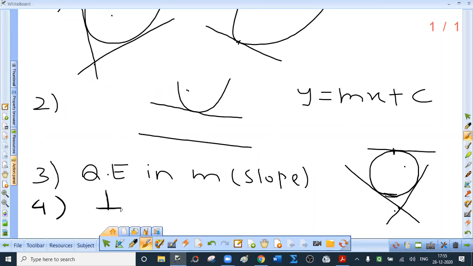Now we have already obtained the quadratic equation in m. The roots m1, m2 of this quadratic equation are what? Slopes of the two tangents. Now if tangents are perpendicular, m1 m2 has to be -1. But m1 m2 is again the product of roots, which is the constant term upon the coefficient of m square.